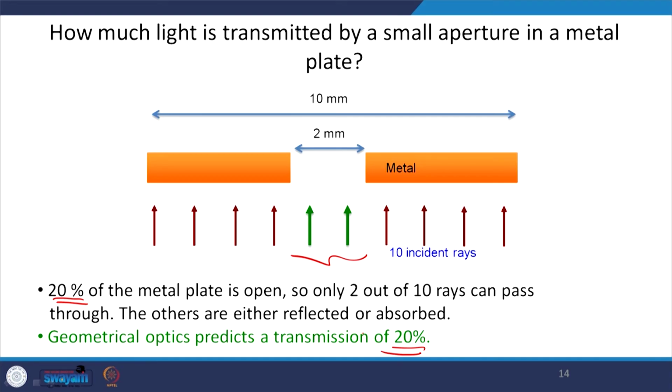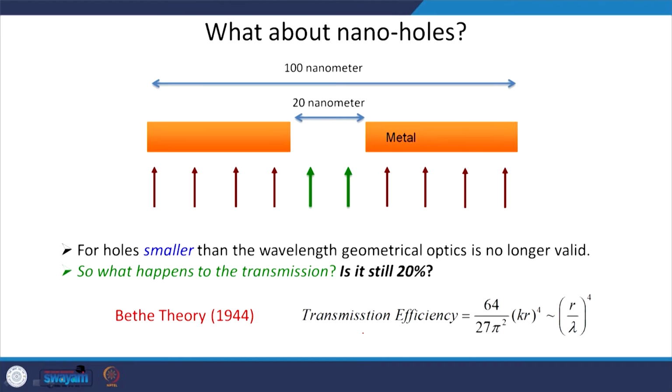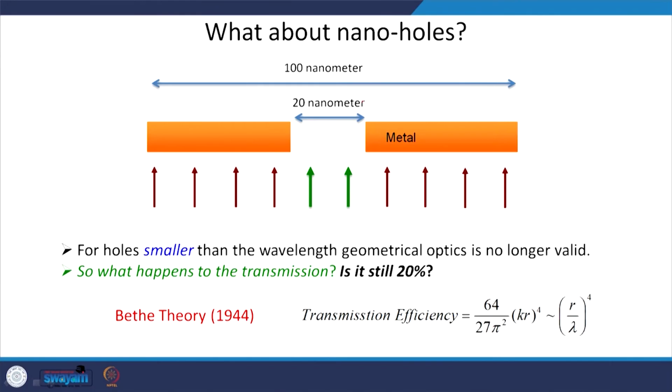Okay. Now, what will happen if I make all this nanometer size, say about a 20 nanometer hole in a 100 nanometer film, is it still 20%? Now, remember we have holes which are smaller than the wavelength of light, a 20 nanometer hole.